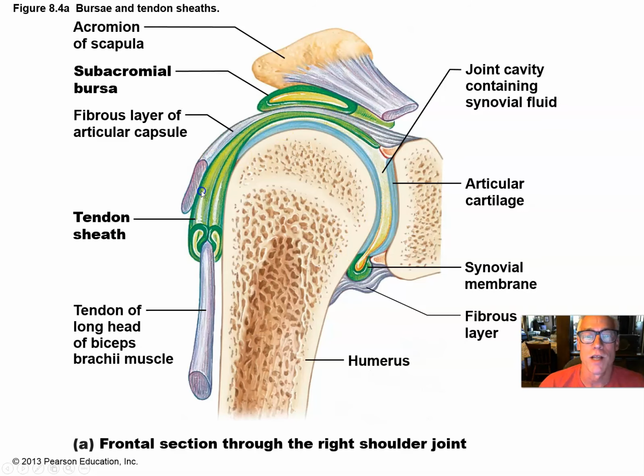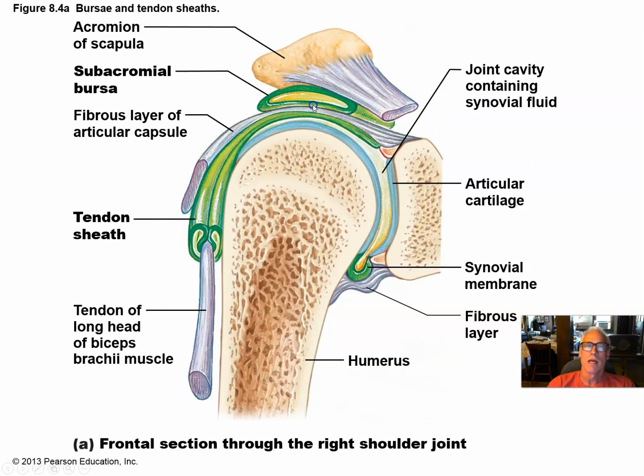Here's a couple of structures that are associated with synovial joints, but not technically part of the joints. This little green, flattened grape-looking thing here is essentially some synovial membrane in the form of a ball, and it's kind of been flattened out here, but there's some synovial fluid inside of it, and it's positioned between parts of a joint or a joint and the neighboring structures, which would potentially rub when the joint is activated, or when the muscles move the skeleton around that joint.